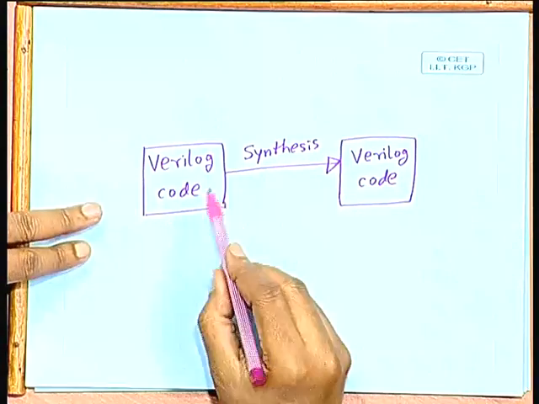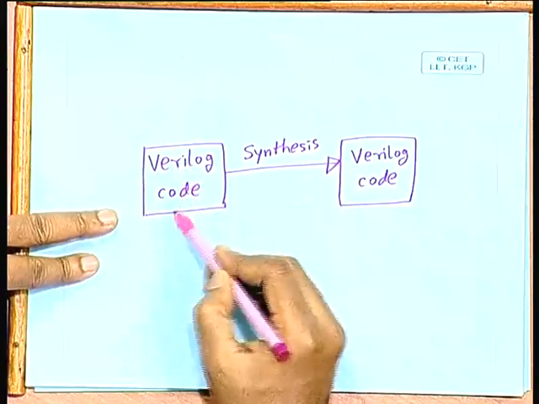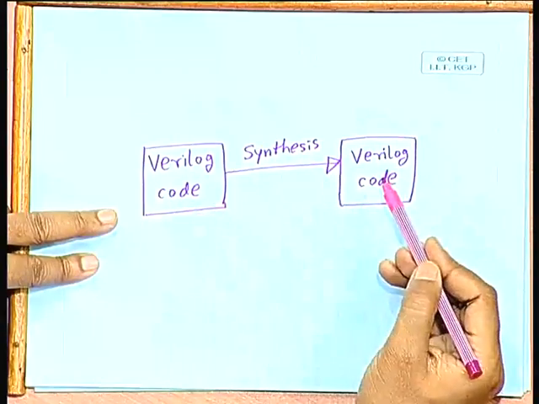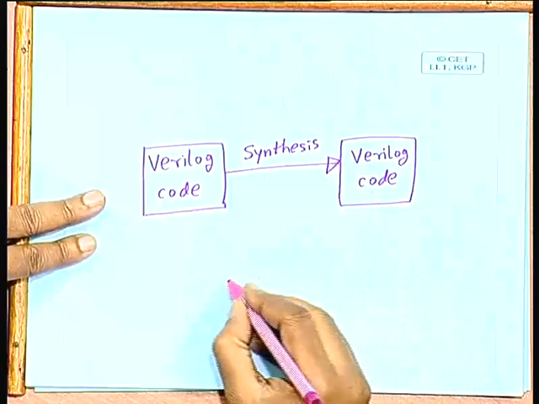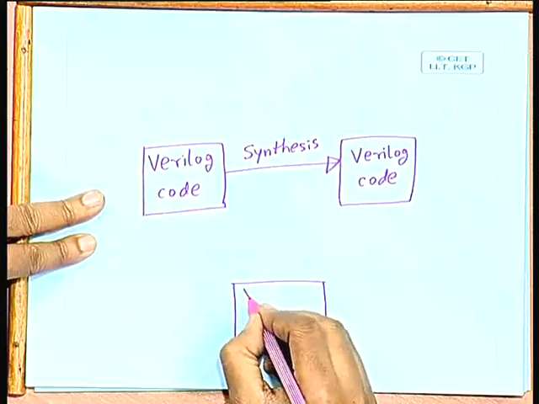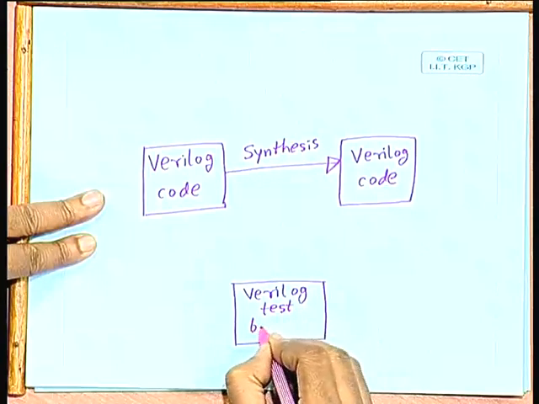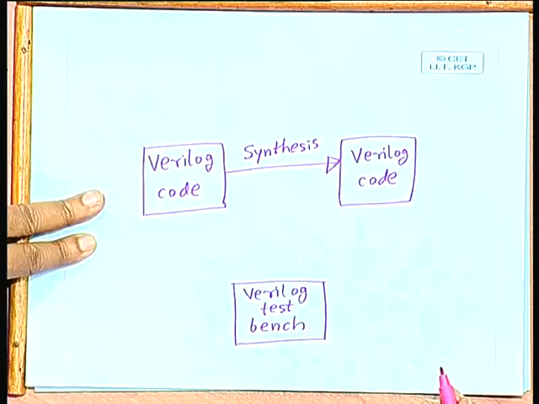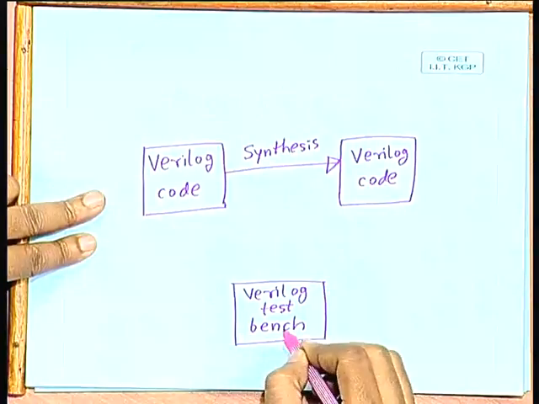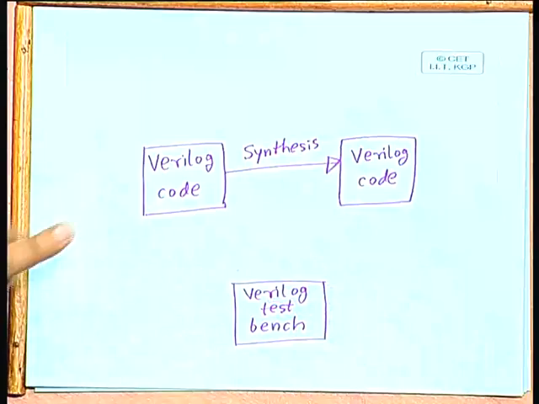Now, the problem is that after every translation it is always better to check whether this specification and whatever you have got, they are matching. This is done with respect to something which is called a Verilog test bench. This is something which is again written in Verilog. Verilog test bench, what it does is that this is basically a Verilog program which is calling this Verilog module, and it is explicitly applying some input values to it, and it is checking what is the output.